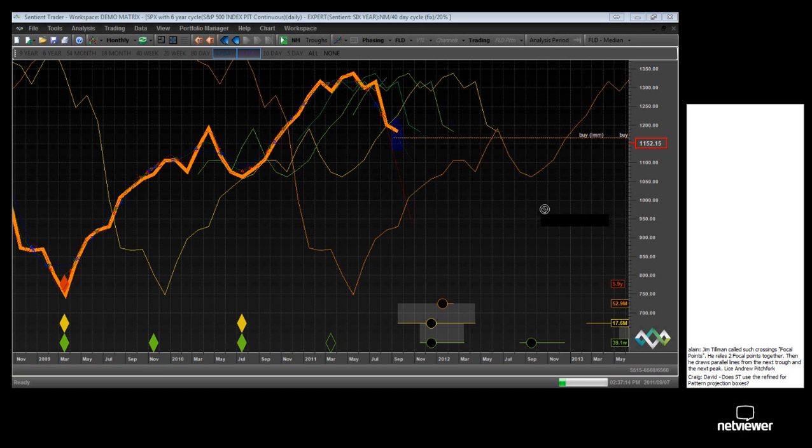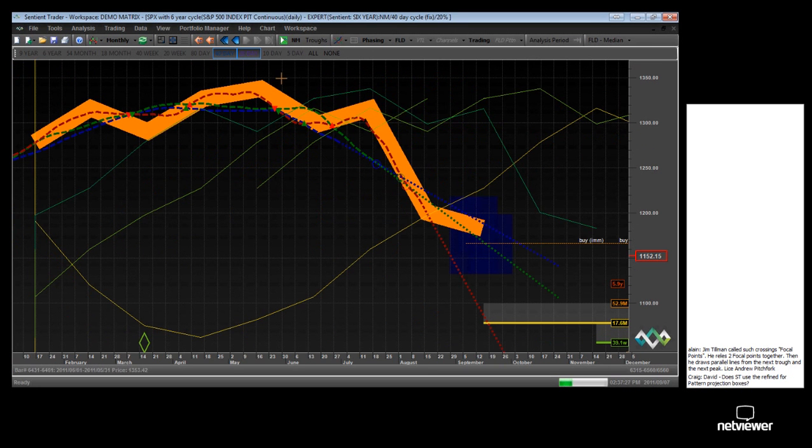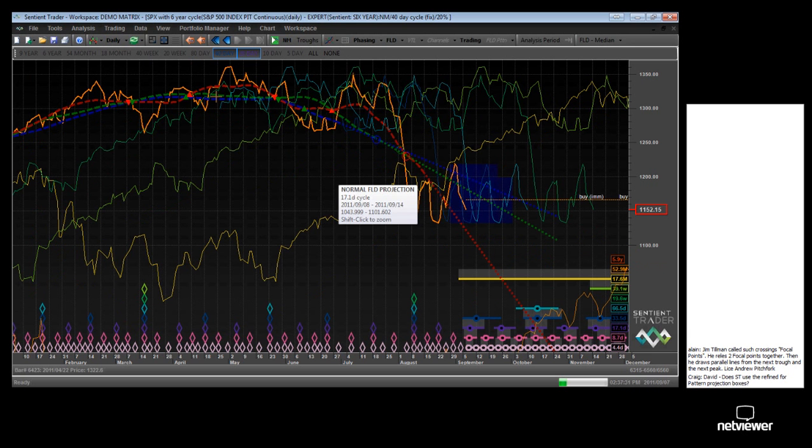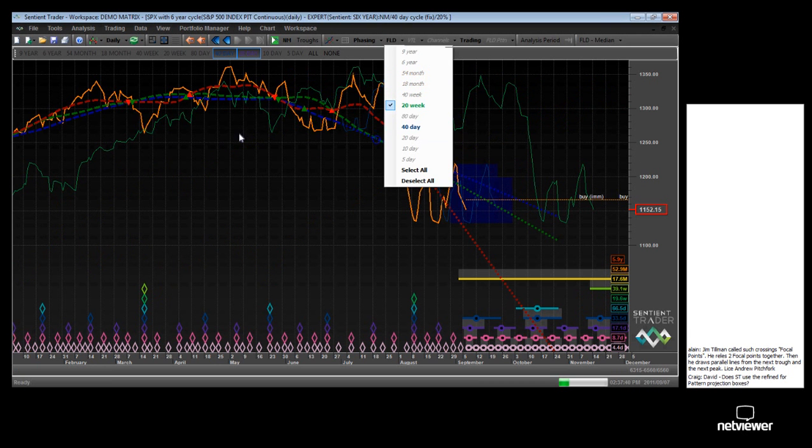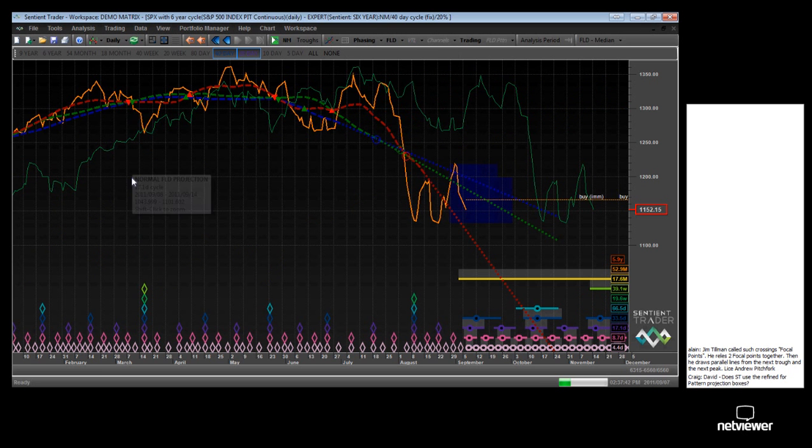Now, there are many subtleties to FLDs, which I'm not going to explain today, but we're going to come back to FLDs many times, I'm sure, during the course of our trader chats, and each time I will try to introduce a new subtlety. Let me mention that sometimes FLDs, I discovered, often provide resistance, and price rides up an FLD, as it seemed to do here on the 20-week FLD for a while.